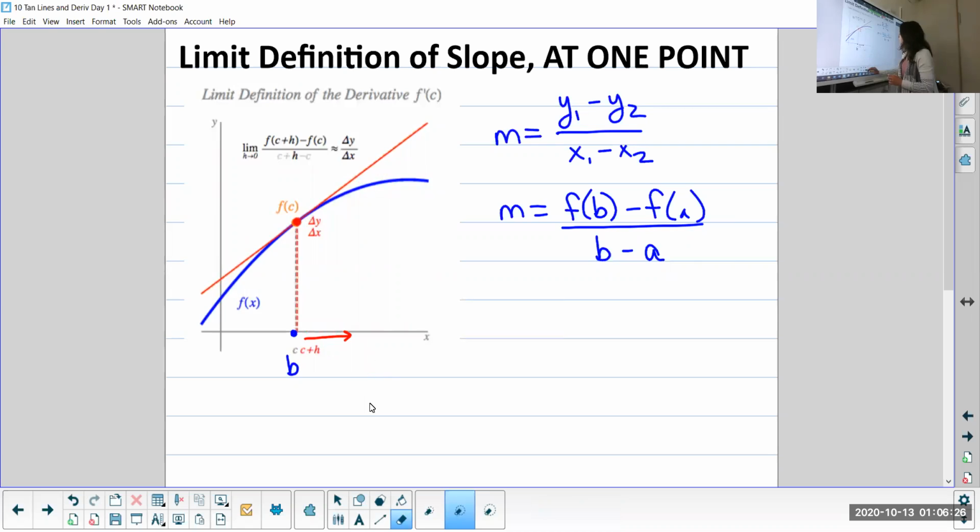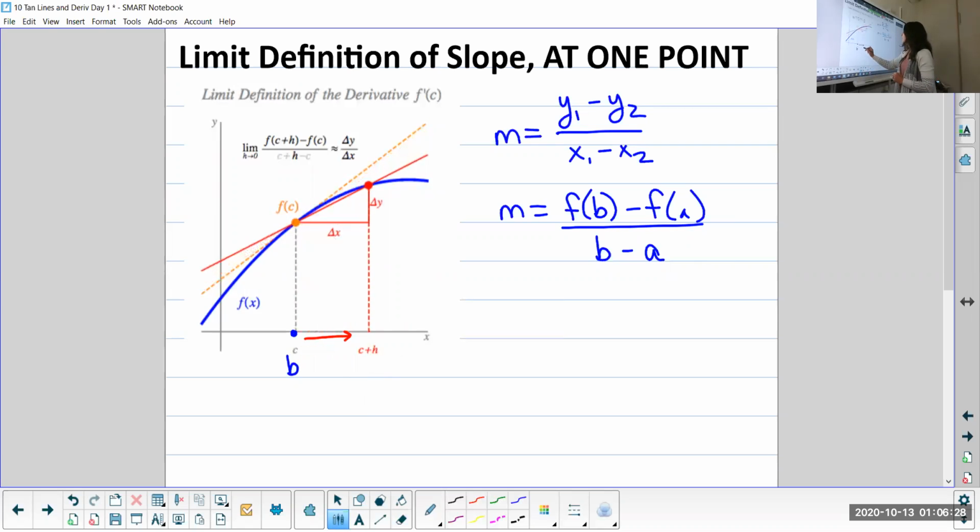Rather, what's happening here is we're doing b plus some distance h. So we are speaking in very general terms here. We're starting with a point, and then we're ending at some point h spaces away from it. So it's kind of a different way to think about it. And if you notice, it's using delta y and delta x as the symbols there. Delta means change. So it's still the same principle of change in y over change in x.